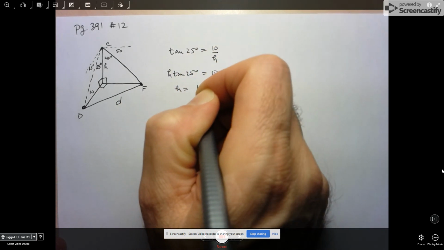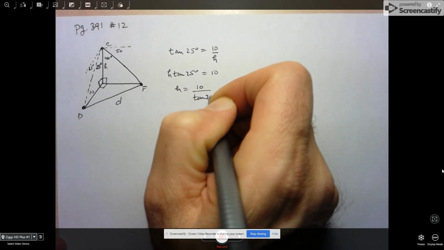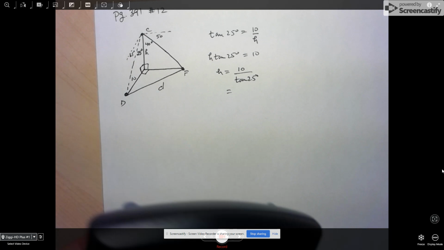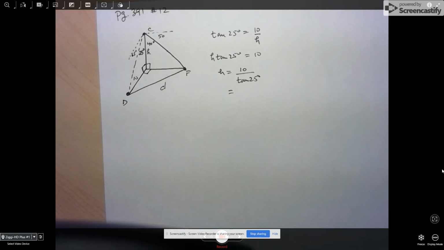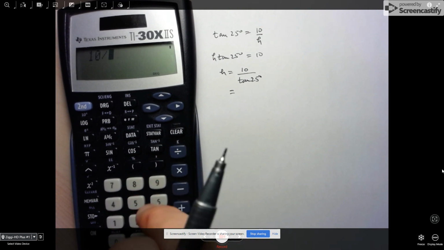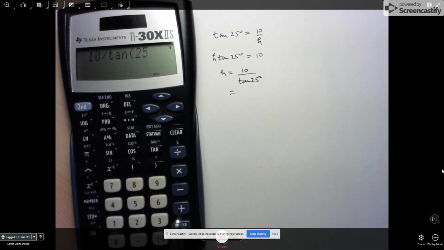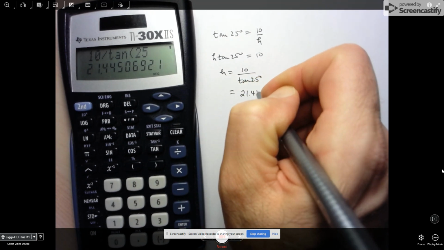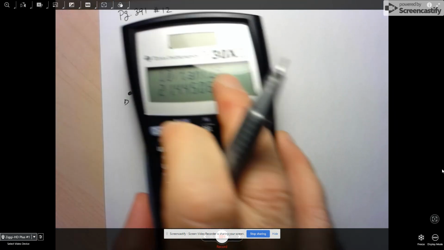So h is equal to 10 over tan 25. Let's calculate that here. 10 divided by tan 25 is 21.45. Let's keep 2 decimal places along the way.